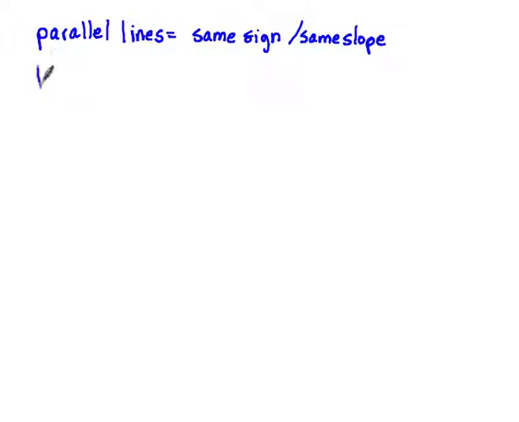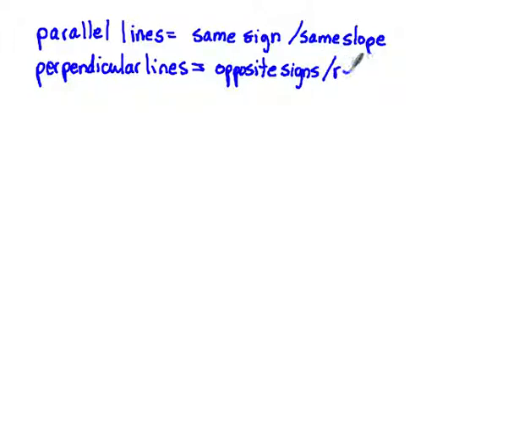Okay? Perpendicular lines have opposite signs and reciprocal slopes.